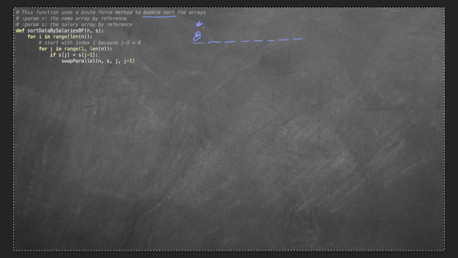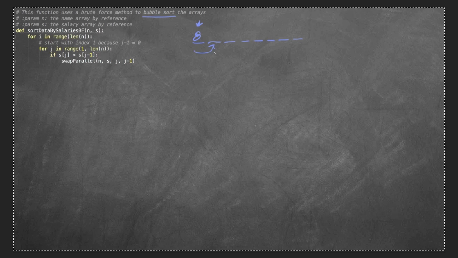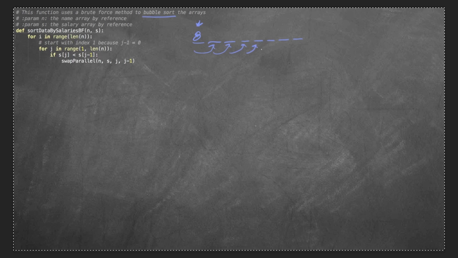That means that every time it goes through, 8 is going to get moved to this position, and then to this position, and so on, and it's going to bubble or trickle its way on up until it finally lands into that position there.